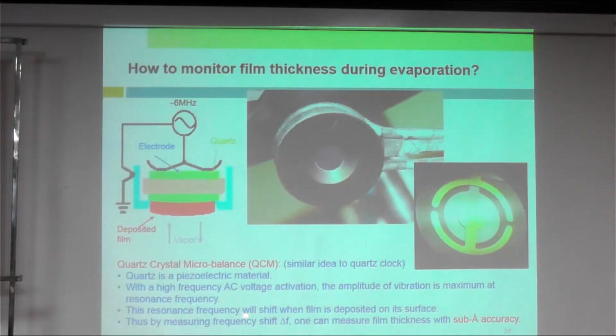Then this resonant frequency will shift when film is deposited on the surface. When the thickness changes, the frequency will shift. So that's where you detect the thickness of the film deposited. Thus, by measuring the frequency shift, delta F, one can measure film thickness with sub-Angstrom accuracy.